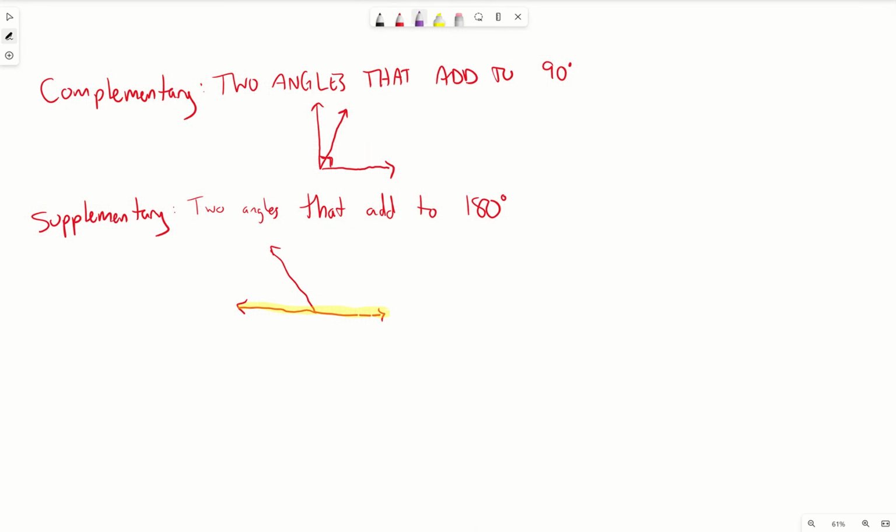Okay, let's say I have angle R and angle V are supplementary. Supplementary means they add up to what? Yes, 180.